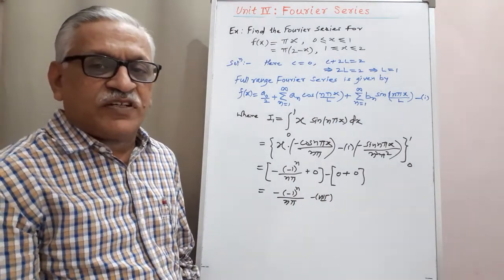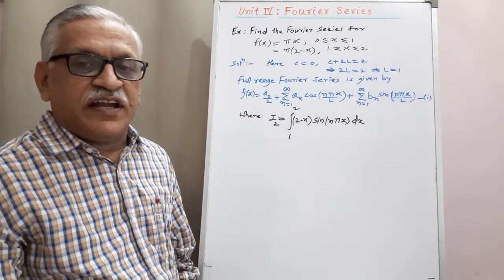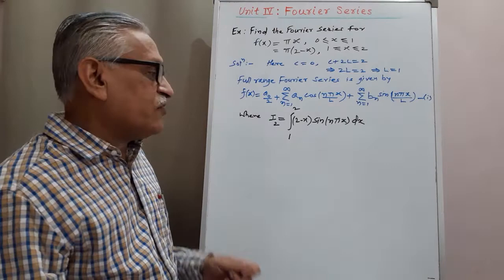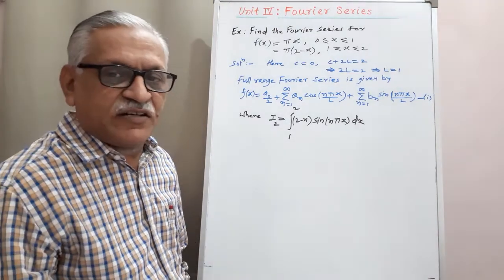Then we try to find the value of I2, integration from 1 to 2 of 2 minus x into sine of n pi x. Once again integrating it by generalized parts.